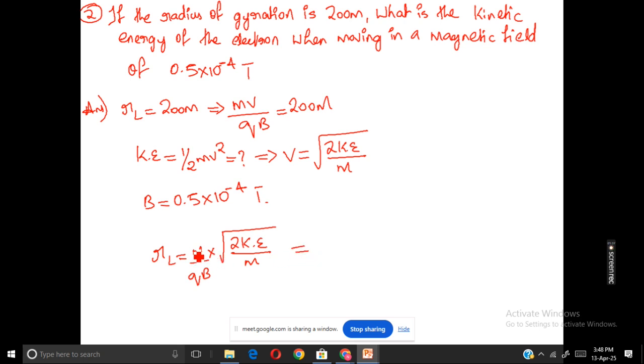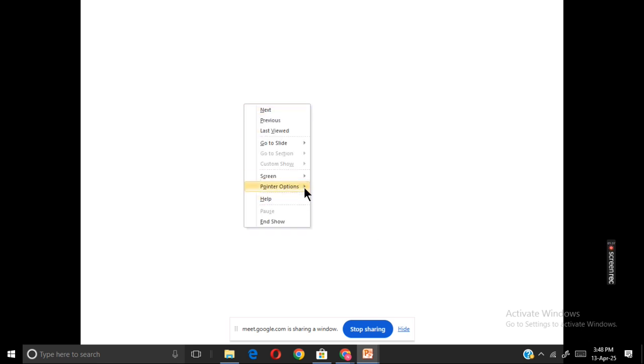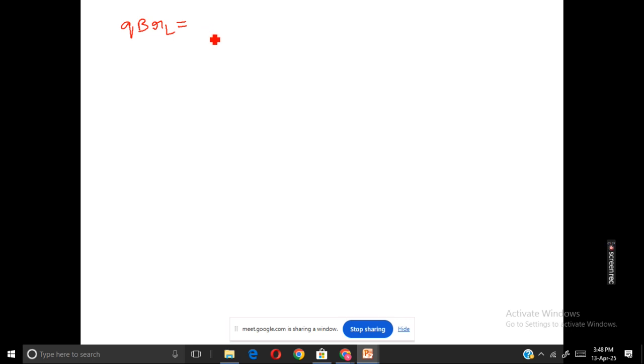So this m and this m will cancel, so it will be root of 2 into kinetic energy into m divided by q into B, or we can write qB into RL is equal to root of 2 kinetic energy into m.